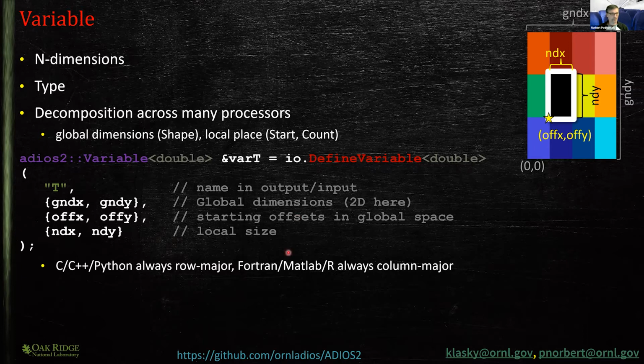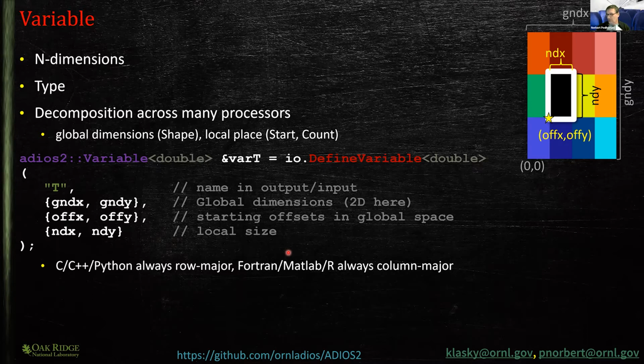And just for clarity, in the ADIOS API, if you have a C, C++, Python code, that's always row major. If you have a code in Fortran, MATLAB, or R, it's always column major. This is the most contentious topic among the ADIOS developers. So far, this is how it's set.